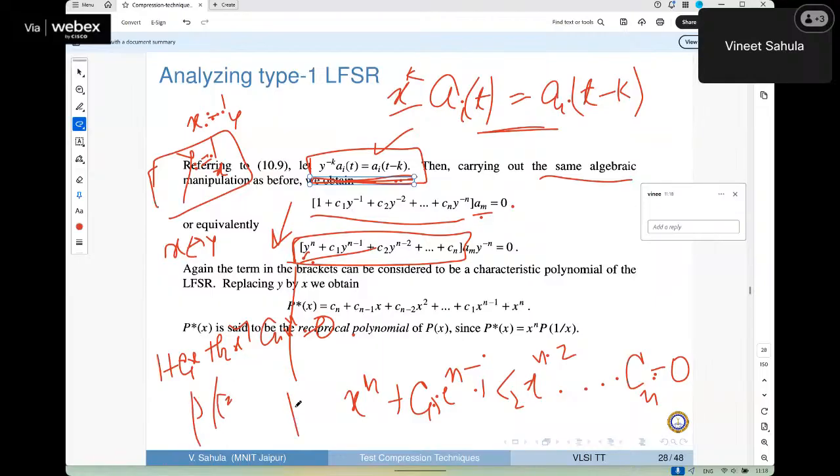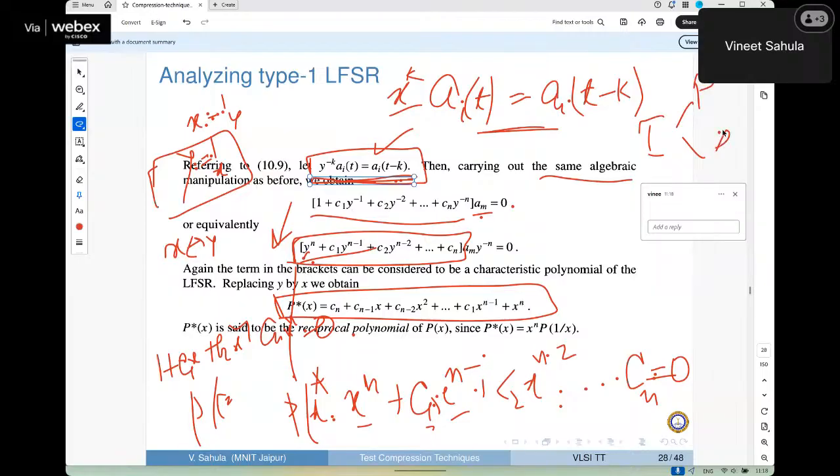I get another polynomial, which is P star, with x^n having coefficient 1 and x^(n-1) having coefficient c1. We are almost reversing it. So this is another polynomial, which is called P star. So each type 1 LFSR has two representations, P and P star.